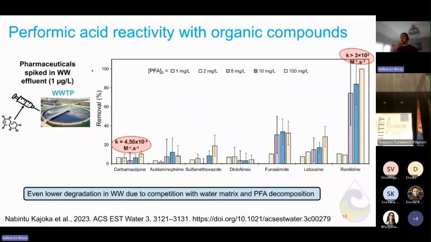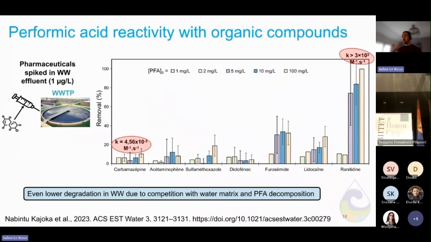So we've performed next similar reactivity studies, but directly in the wastewater by spiking wastewater effluents with the organic molecules. And we found out that it was in accordance with the reactivities that we found in pure water in the lab.